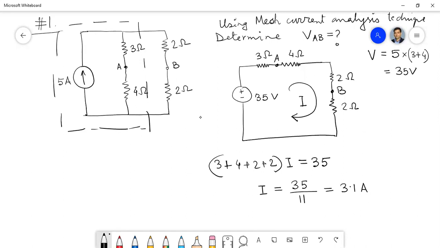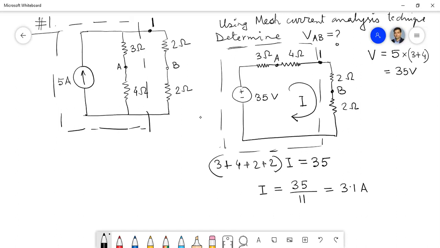This combination is converted to this. Suppose this is your point one, and this is your same point one. So within this, you are converting this circuit. But sir, after converting the circuit, all four resistances are in series. In the first diagram, after getting two equivalent resistances, those two are in parallel.